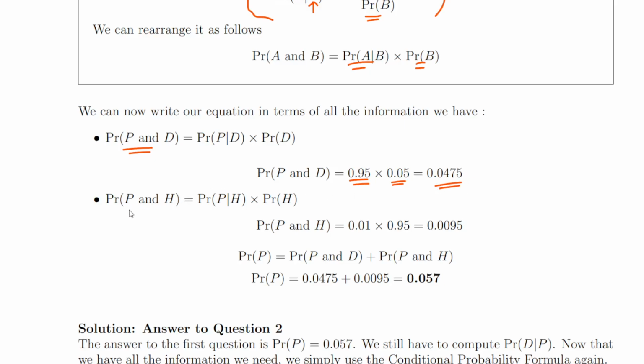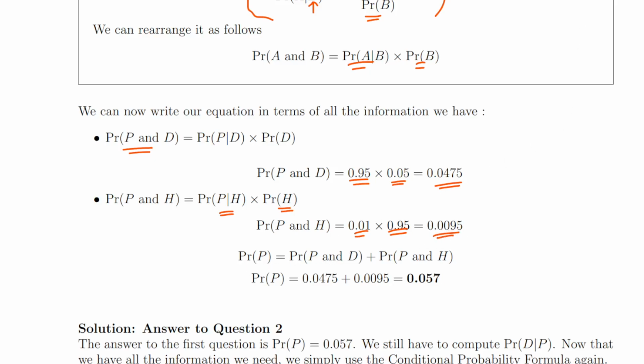We do the same thing here. The probability of a positive test and not having the disease, P and H, equals the probability of P given H times the probability of H. We're told that 5% of them do have the disease, so 95% don't, and the probability of a positive test is 0.01. So 0.01 times 0.95 gives us 0.0095.